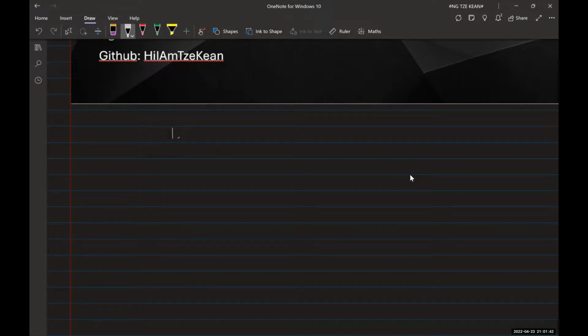For question 1, we want to solve for eigenvalues. Given the following matrix, A equal to 1, 4, 3, 2.